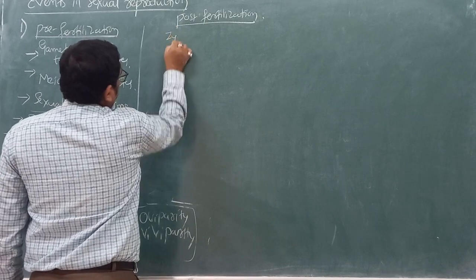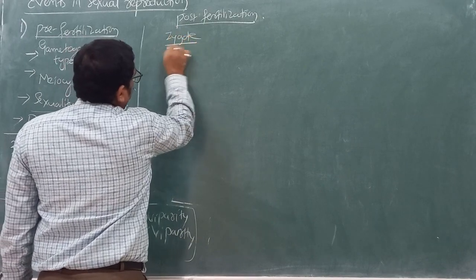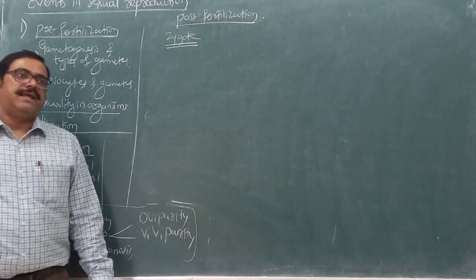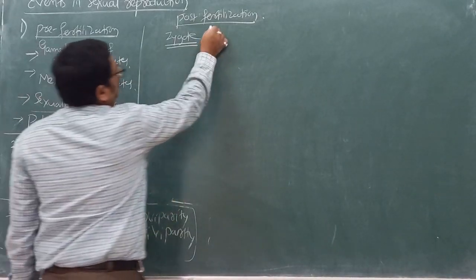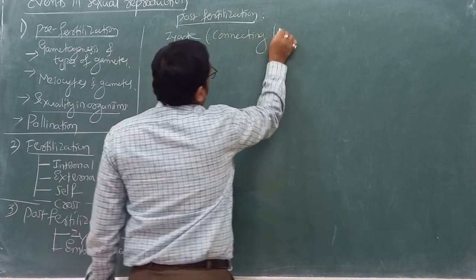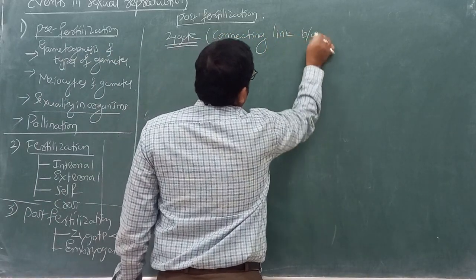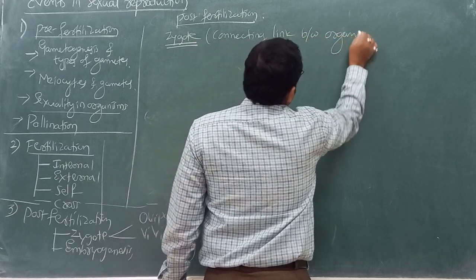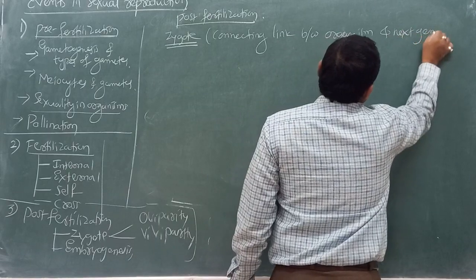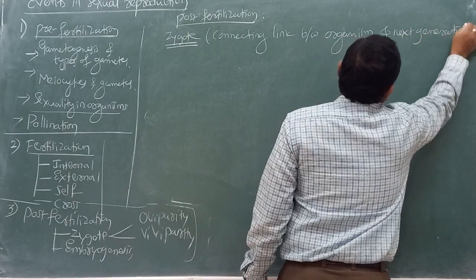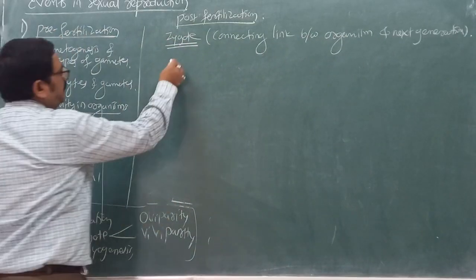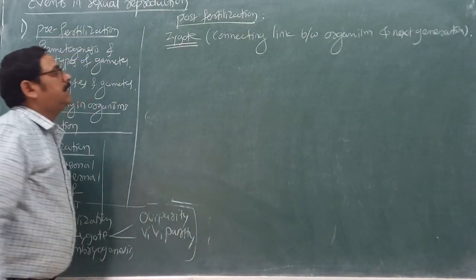So the zygote is what? It is a connecting link between the organism and next generation. Okay, so this line is very important. Connecting link between organism and next generation. Okay, so the zygote, yes, what is developed?